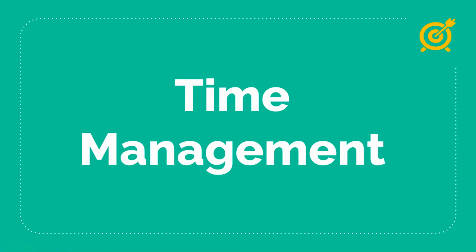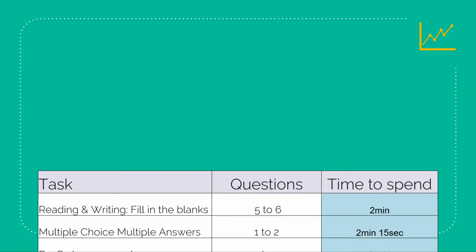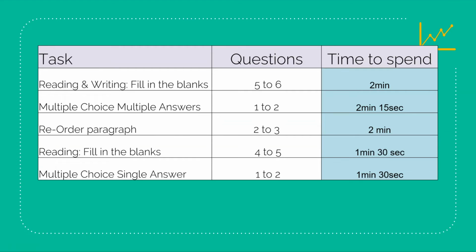Time management. I'm going to show you a table where we have put down the maximum recommended time for each of the tasks. For reading and writing fill in the blanks, we recommend you spend about 2 minutes to 2 minutes 30 seconds maximum on each question. For multiple choice, choose multiple answers, we recommend about 2 minutes and 15 seconds. For reorder paragraph, the maximum time we recommend is about 2 minutes per question.